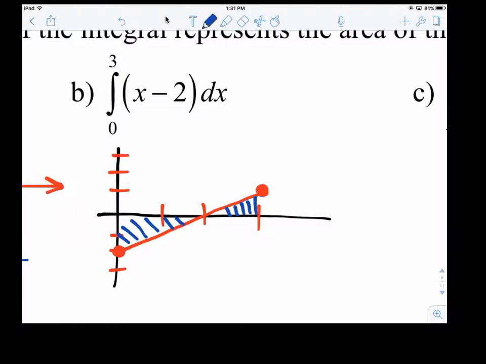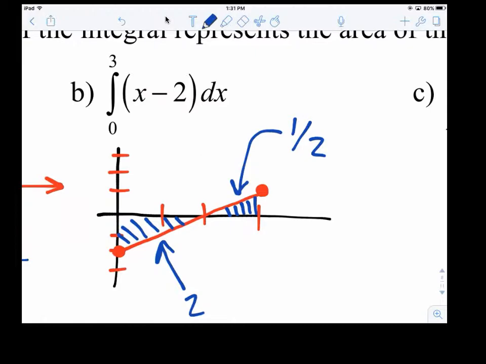So you have 1/2 of the base, which is 2, so that's 1, times the height, which is 2. And the last piece would be, half of your base is 1, half of that is 1/2, times the height, which is 1, so that's 1/2. So if I now take the integral from 0 to 3, what is it going to be?